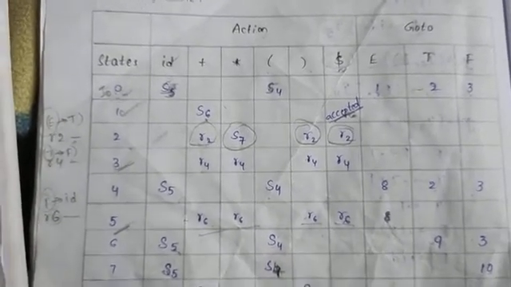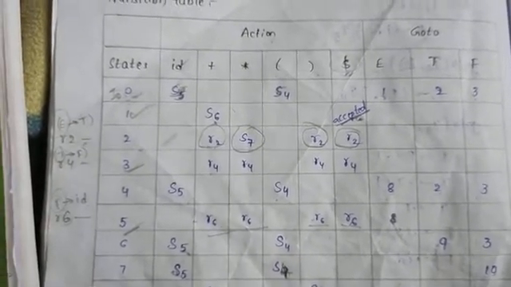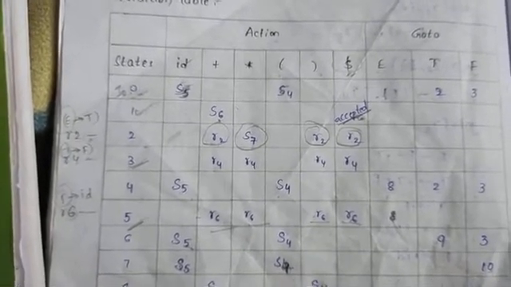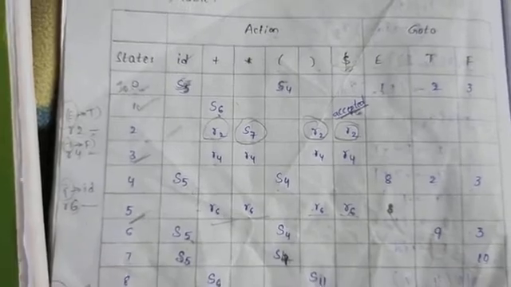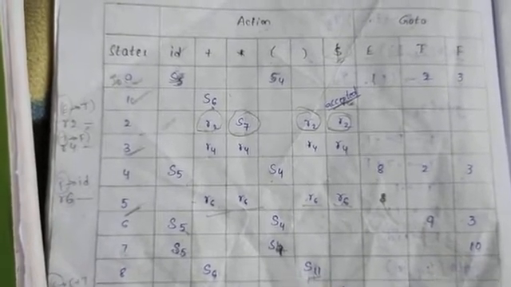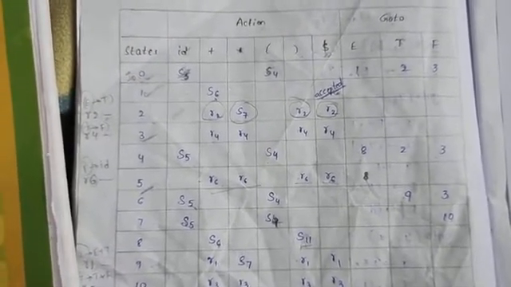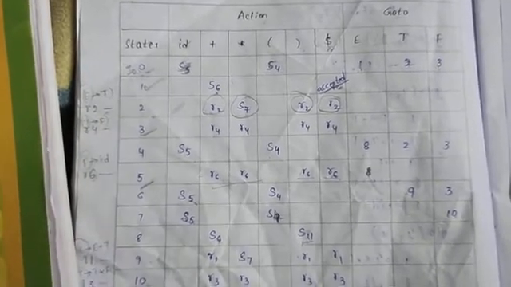So finally, in a shift reduce parser we have 4 actions: shift, reduce, accept and error. All empty blocks in the table are errors. These are the 4 actions in your shift reduce parsers, that is a bottom up parser.